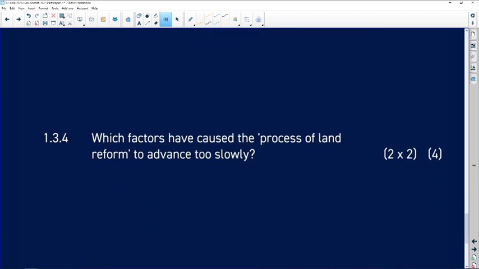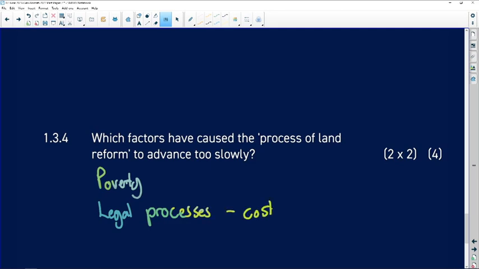Now, obviously, we looked at it in the case study as well, which factors have caused the process of land reform to advance very slowly. Now, if you look at that, because of poverty, there's legal processes in place that's expensive. So we can say it's costly.